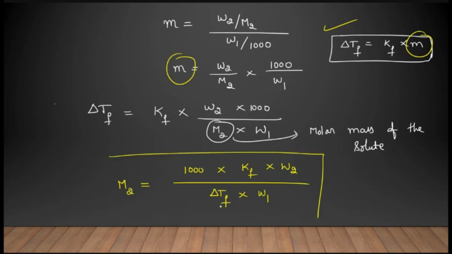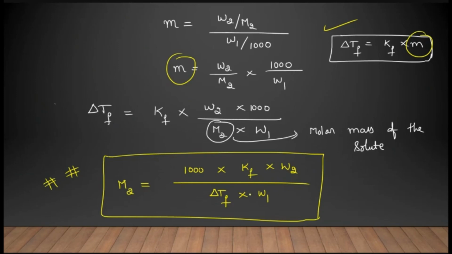This is the final equation, and it is important. If you want to find out the molecular mass of the solute which you have added into a solvent, which decreases the freezing point of a solution, then you can go for this equation.